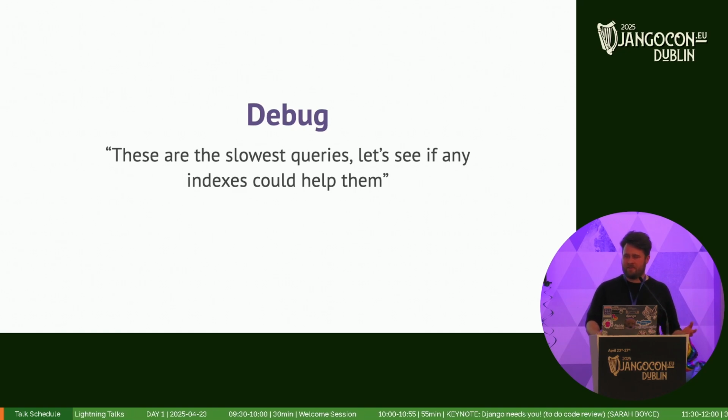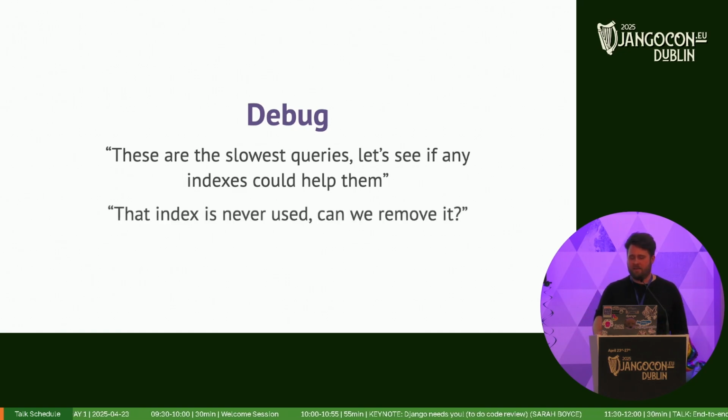Let's see if any indexes could help them. And that index is never used. Can we remove it? That one's particularly useful if you have the right monitoring on your database. Most of them are tracking the number of uses of an index. If you see that's never going up, it means that it's not finding any queries to optimize with that index. So you can drop it, save yourself the storage, the write overhead.